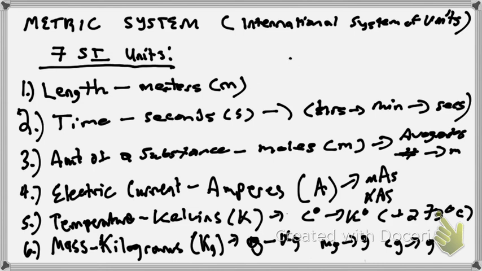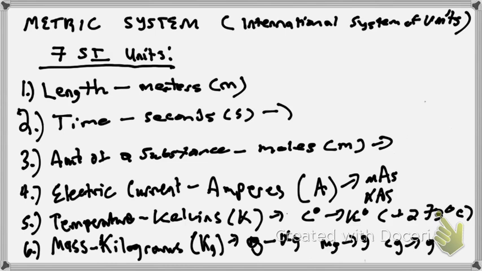We need to know conversion in terms of seconds. We need to go from hours to minutes to seconds, seconds to minutes to hours. We also need to be able to convert from moles to particles using Avogadro's number, which we will do in chemistry.